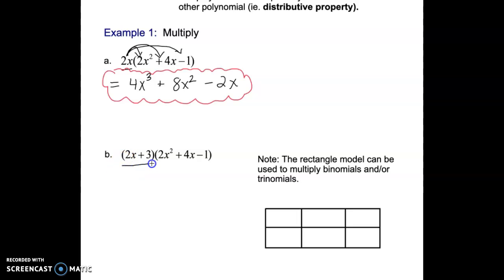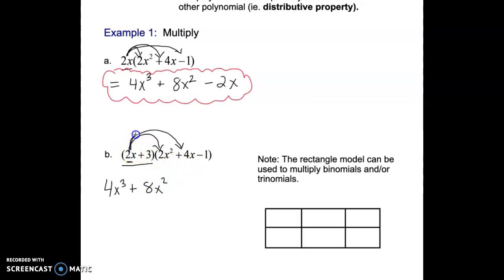We look at the first term of the binomial first: we take that 2x and multiply it by every single term in the trinomial. 2x multiplied by 2x squared gives us 4x cubed. 2x multiplied by the positive 4x gives us 8x squared.